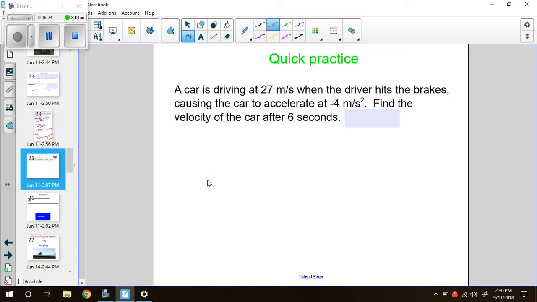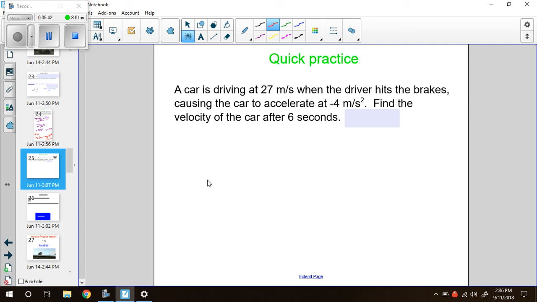So I want you to try to stay away from the term decelerate because that implies that you are slowing down. So you can have a positive or negative acceleration. That does not mean that you are necessarily slowing down or speeding up. It all depends on what direction your velocity is changing in.